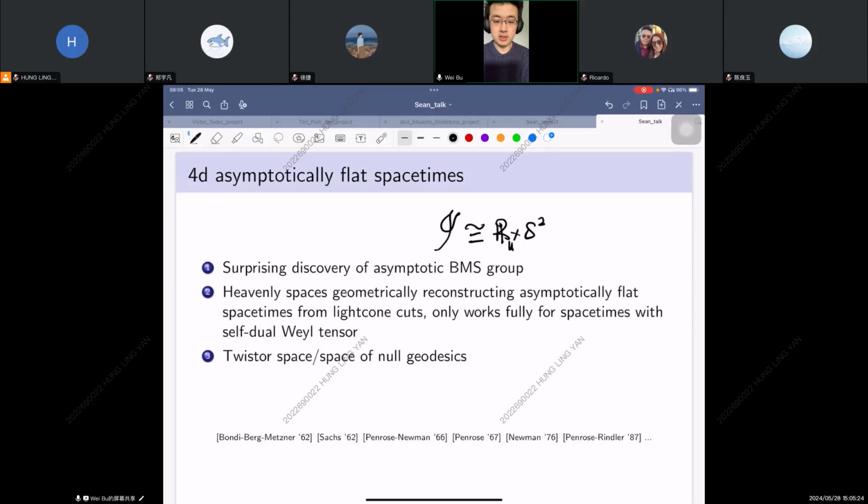They were expanding the conformal Killing equation order by order in the radius r, trying to solve it at large r on the leading 1 over r piece. What that amounts to is looking for diffeomorphisms that act non-trivially on null infinity.